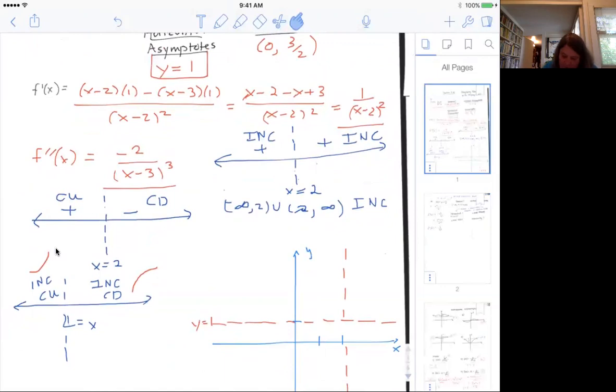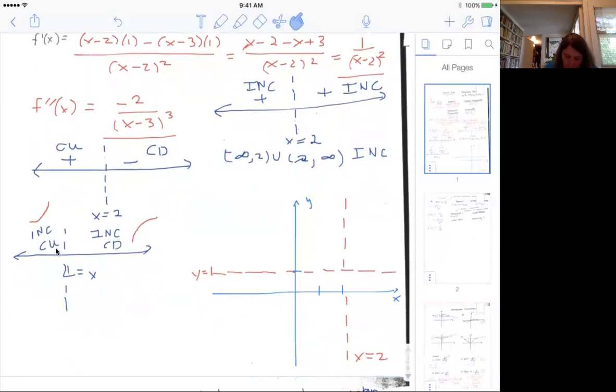Well, the piece right here, the only way it can do what it needs to do around the asymptote is to fit right in here, because it's got to get closer and closer to the horizontal, and it's got to drop out in the other direction.